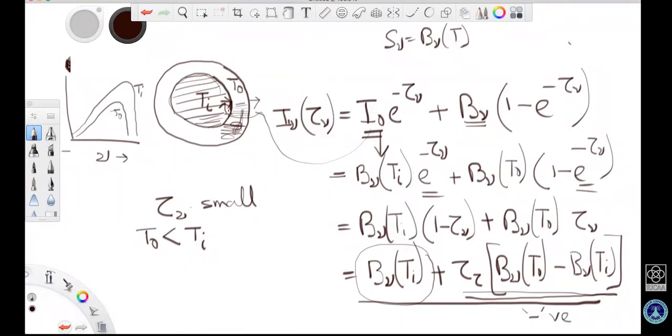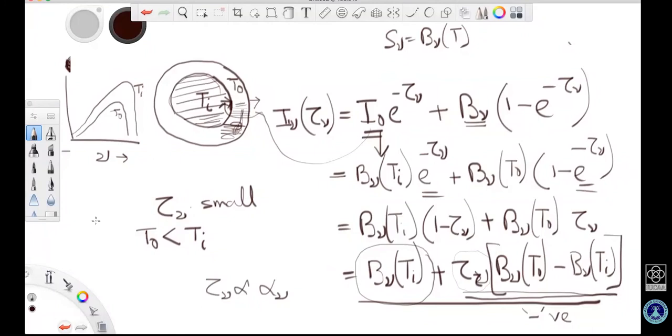In other words, if the outer layer of the sun is at a lower temperature than the inner sun, then there will be subtractions. And where do you get most of the subtraction? Wherever tau is large. And where is tau large? Tau is proportional to alpha nu, which means at the spectral lines.